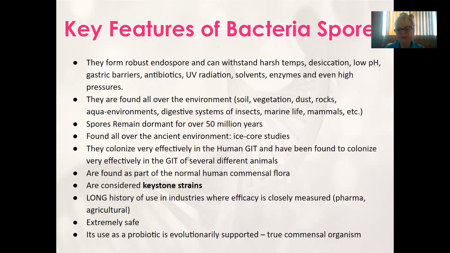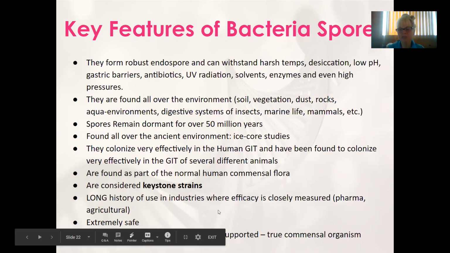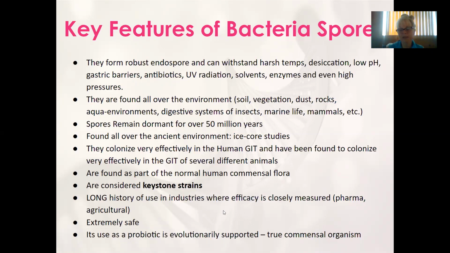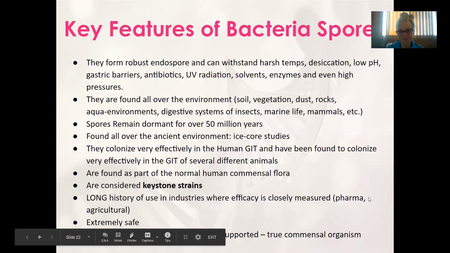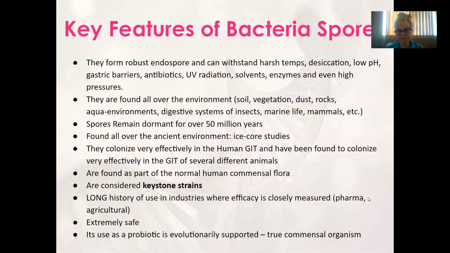They colonize very effectively in the human gastrointestinal tract and have been found to colonize very effectively in the gut of several different animals, are found as part of the normal human commensal flora, are considered keystone strains, with a long history of use in industries where efficacy is closely measured, like pharma, agriculture, aquaculture, extremely safe, and are considered true commensal organisms.